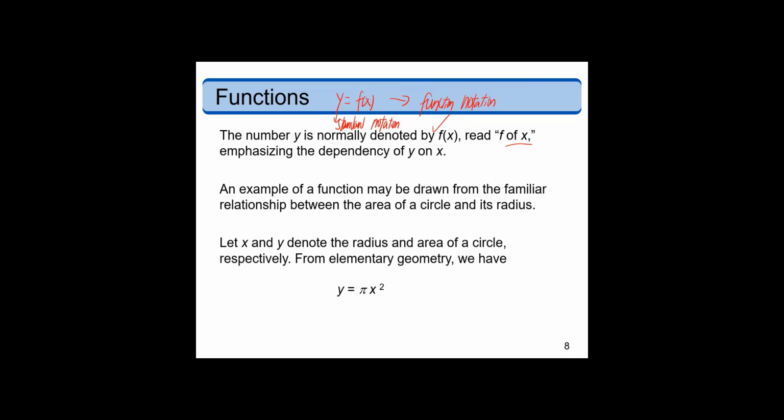An example of a function may be drawn from the relationship between the area of a circle and the radius. Let's assume the area of the circle is the dependent variable y, and the radius is the independent variable x. So from elementary geometry, we have area equal to pi r squared, so it becomes pi x squared. Here x represents radius, and y represents area of the circle.